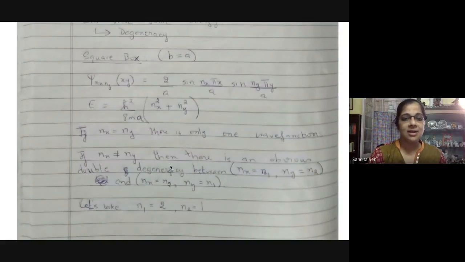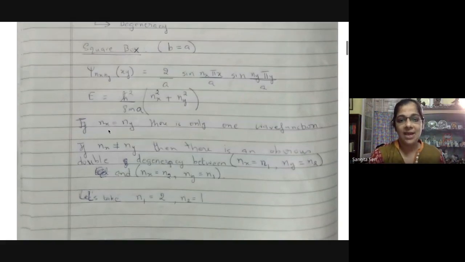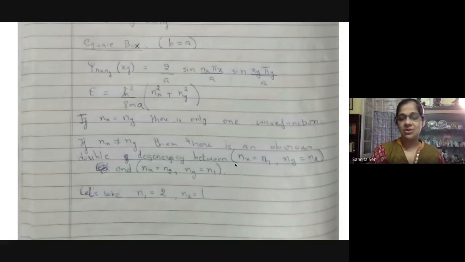On the other hand, if you have a square box, so if b is equal to a, then there is a certain degeneracy. How is that? If nx is not equal to ny, then there is an obvious double degeneracy between any two distinct numbers. So if nx is equal to n1 and ny is equal to n2, which are two distinct numbers, then this is certainly degenerate with another state where nx is equal to n2 and ny is equal to n1.